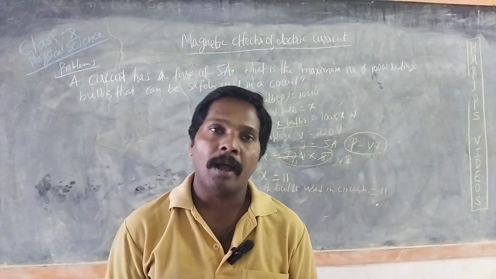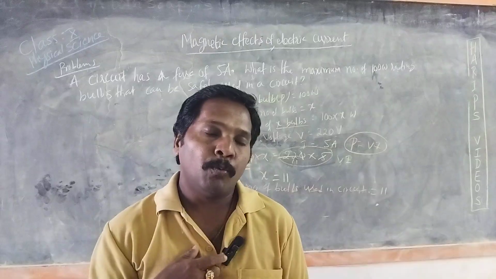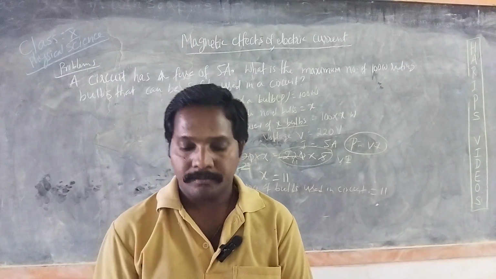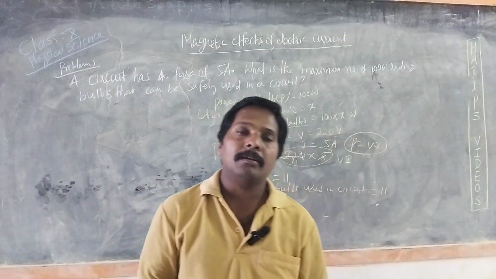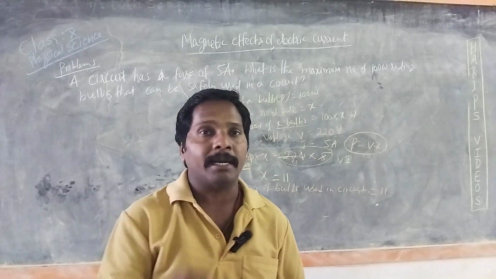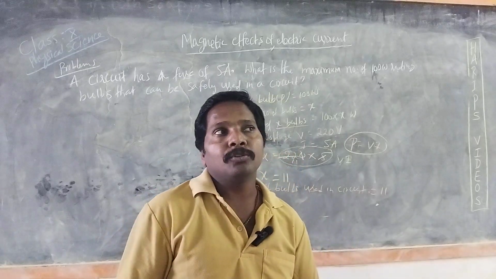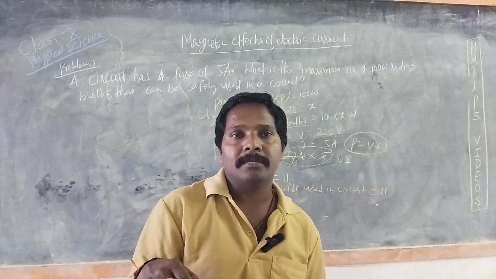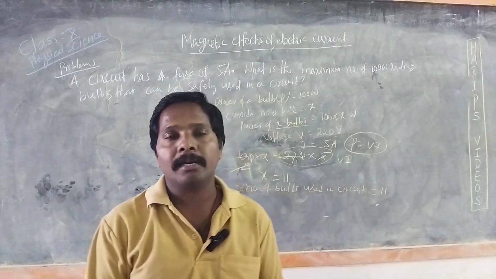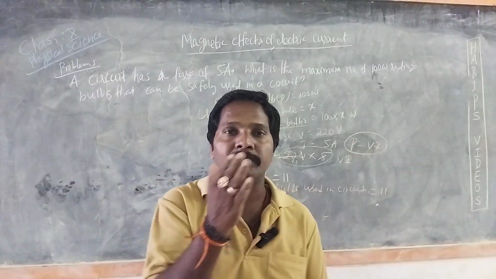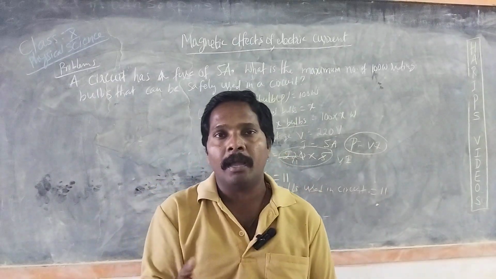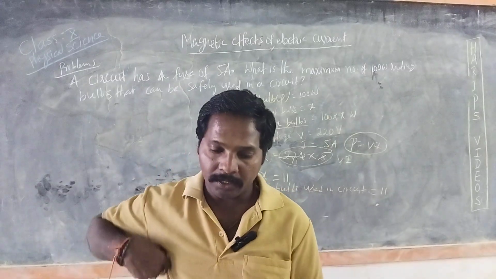So, what precautions do we have to take? We do not touch electrical appliances with wet hands, and make sure that we do not use more electrical appliances at a time, especially high power rating appliances like refrigerator, electric heater, electric iron, at a time, because it causes overloading.